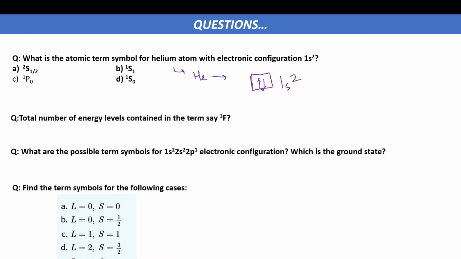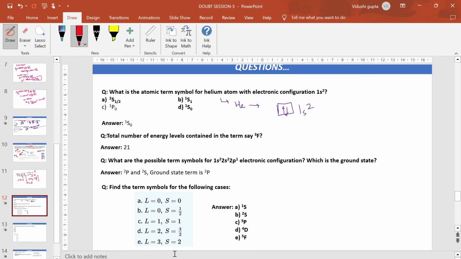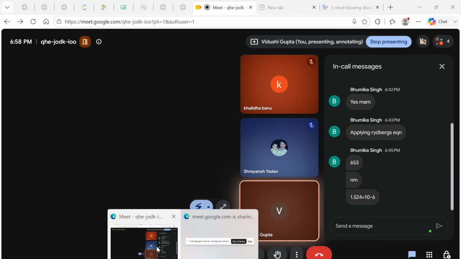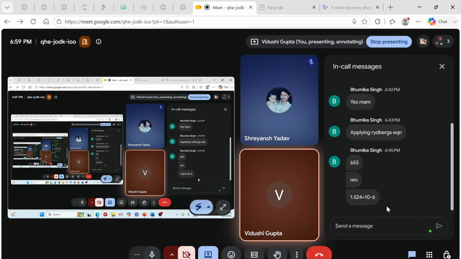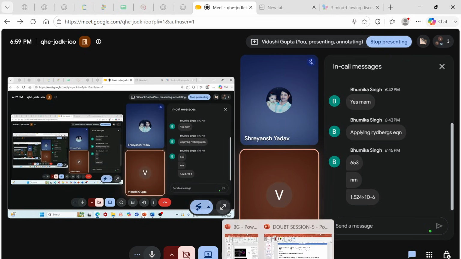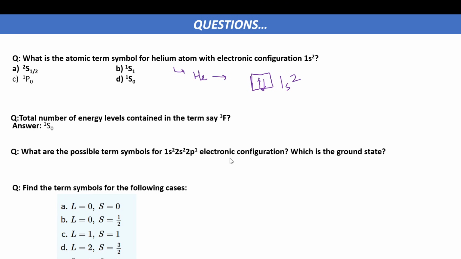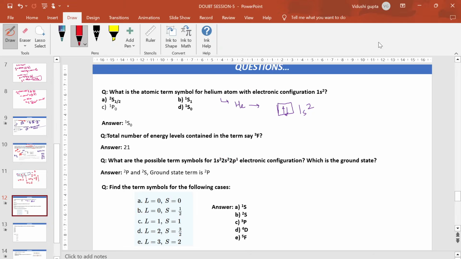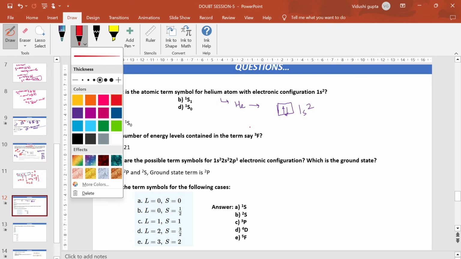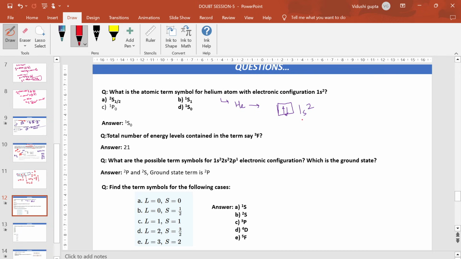Before moving to the term symbol, just tell me what will be the spin here for 1s2.